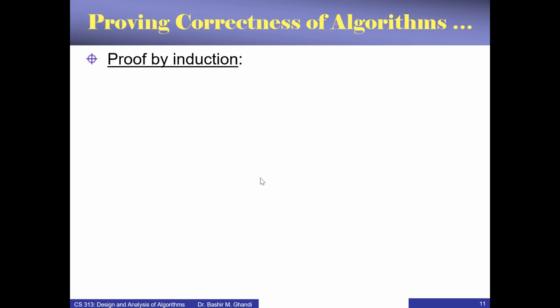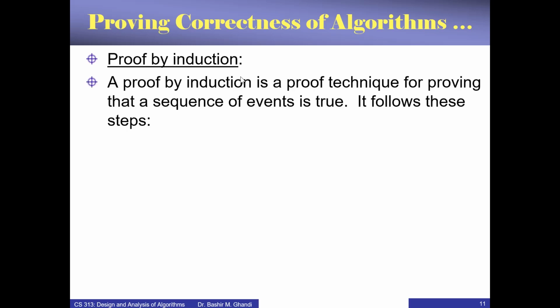Let us take another example using proof by induction. Proof by induction actually is one of the most common ways of proving that an algorithm is correct. I'm sure we know proof by induction from one of your discrete structure courses, but we're going to take it anyway.